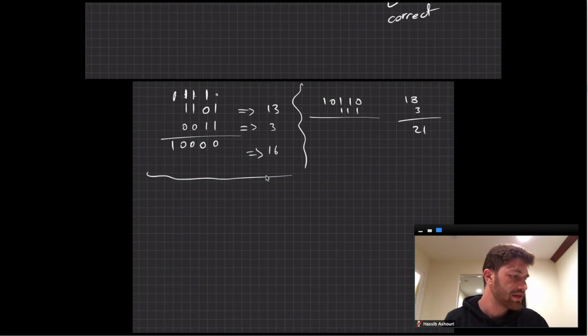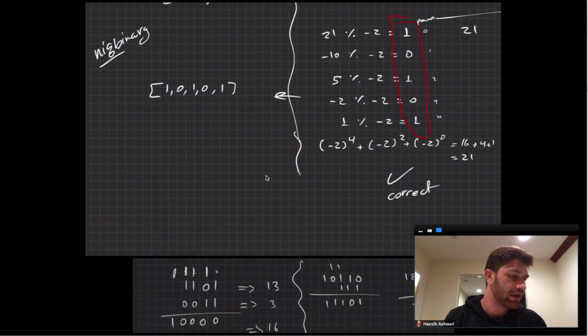So let's try the same logic. 0 and 1, we get a 1. 1 and 1, we get a 0 and carry a 1. 1, 1, 1, we get a 3. So 3 in binary is 1, 1. So we have a 1 right here, and we carry a 1, and we get this number. Is that the same thing we got here?